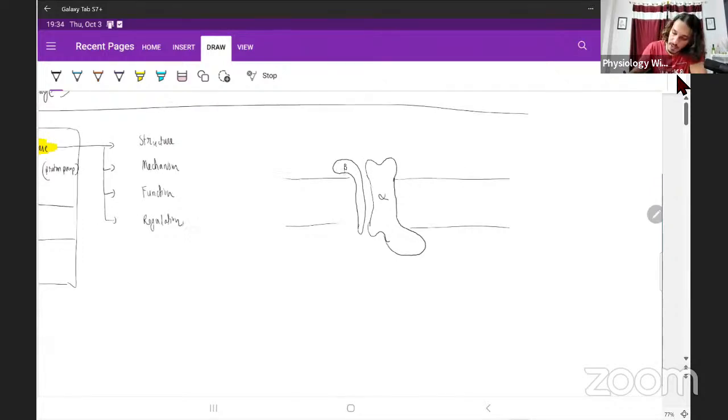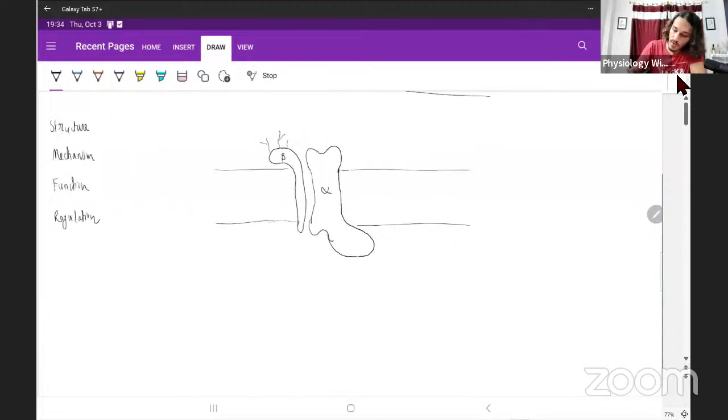Now, this beta subunit usually has some carbohydrate moieties on it. Okay. Now, this over here is where your sodium comes and binds. This is a sodium binding site. How many sodium? 3 sodium. And here is where potassium comes and binds. So this is the potassium binding. How many? 2.